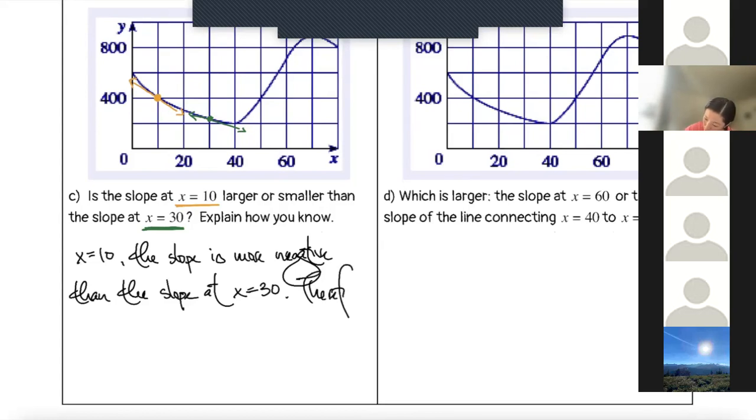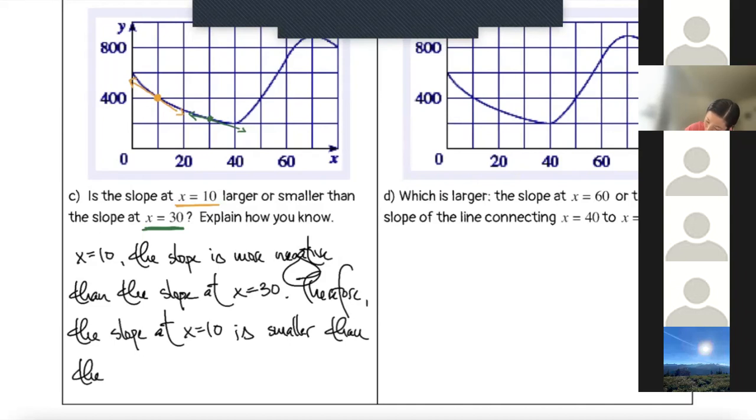Therefore, we can say that the slope at x equals 10 is smaller than the slope at x equals 30. Okay.